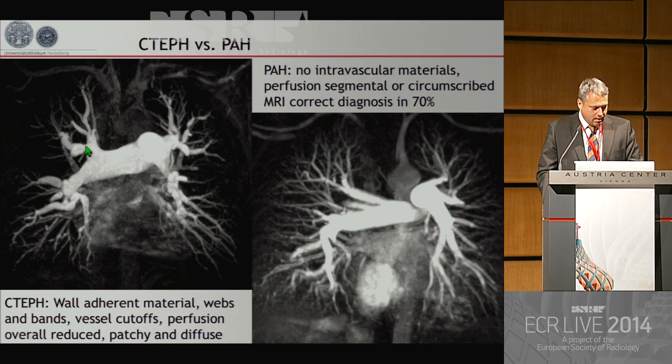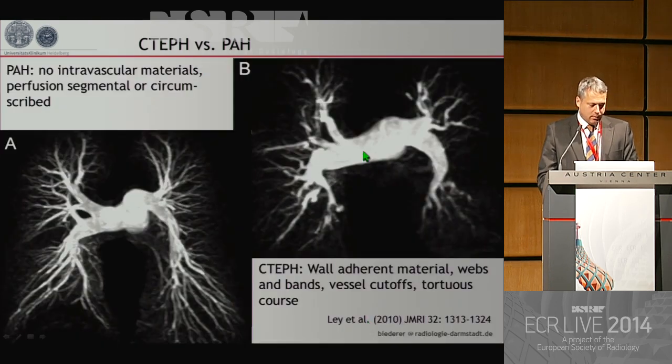We see these bulging vessels, and there we see the pulmonary arterial hypertension patient with a much different image. And these images from the literature, again, this is CTPH. We see the thrombotic material and the pruning of the peripheral vessels, and we see the much smoother appearance here in the PAH.